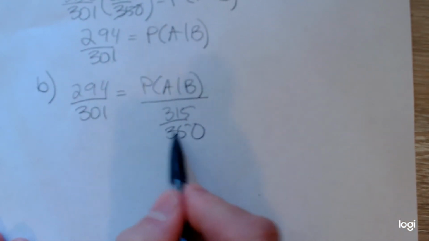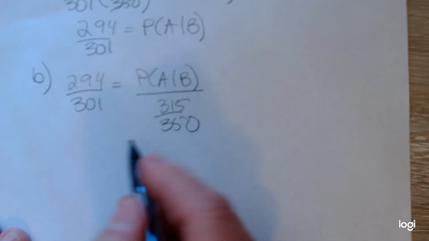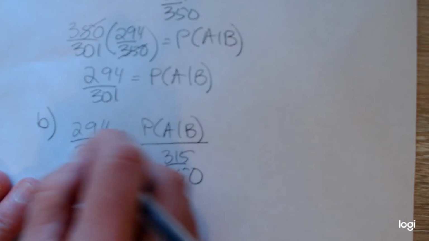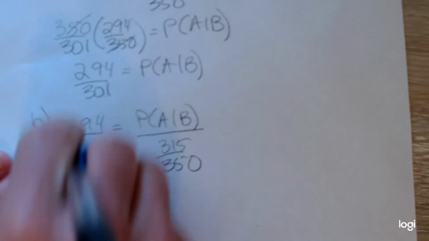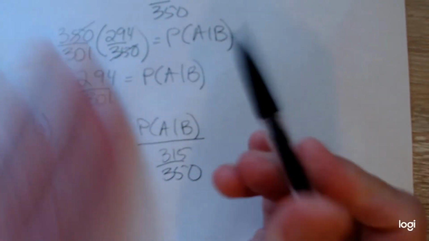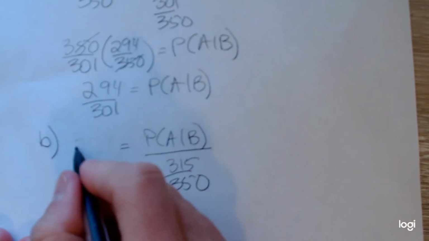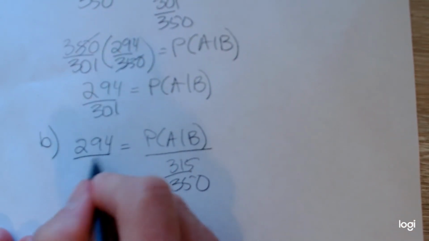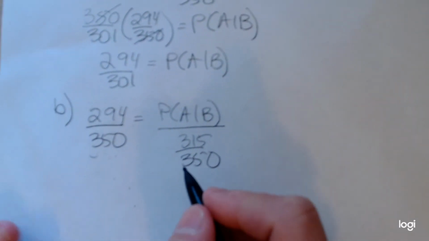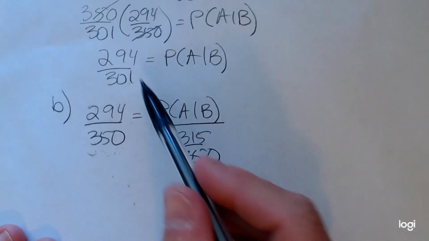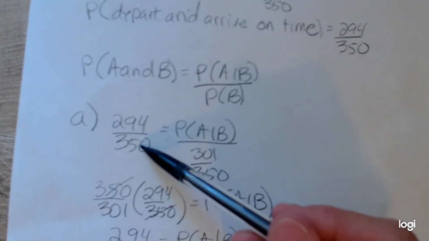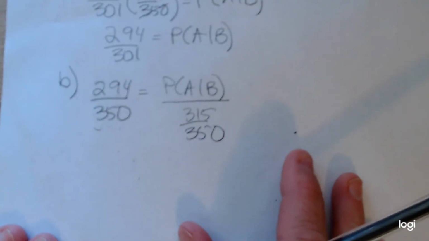Again, resolving by multiplying both sides by the reciprocal. Oops, this numerator is 294 out of 350. My apologies. I was copying from my previous step when I should have been copying from my original intersection.